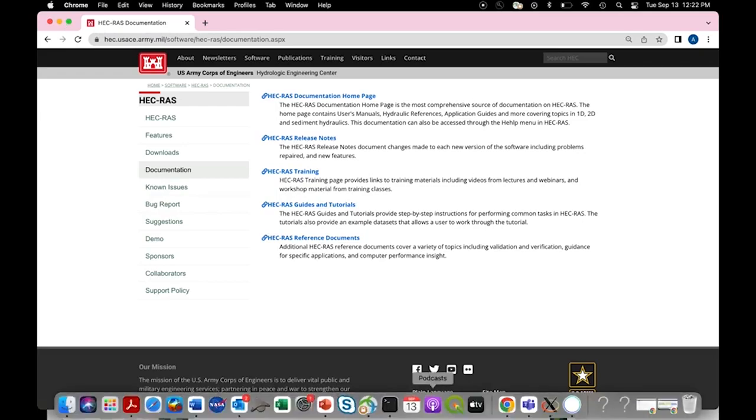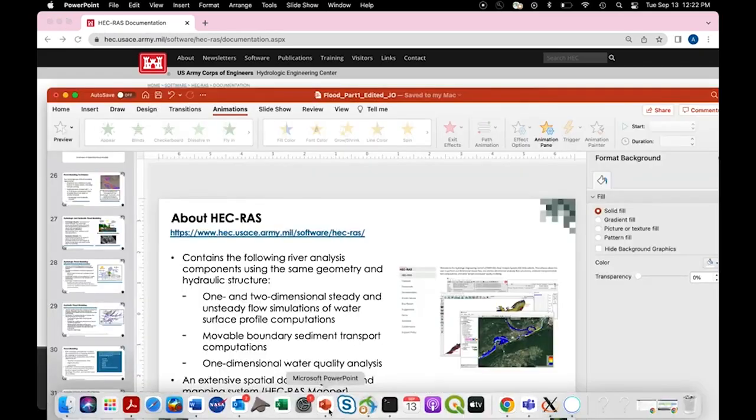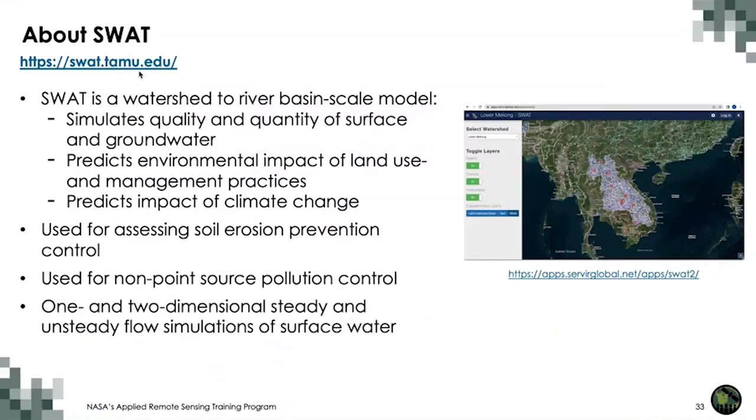Next, we are going to look at the SWAT model. It's a Texas A&M University developed model. There is a group that is developing and testing SWAT there, but there are many groups worldwide and there are many applications of SWAT. There are annual workshops where everybody using SWAT comes together and shares their applications. SWAT is a watershed to river basin scale model.